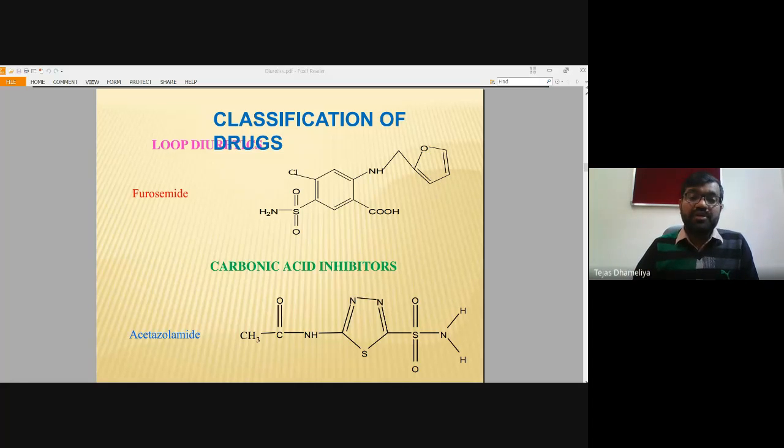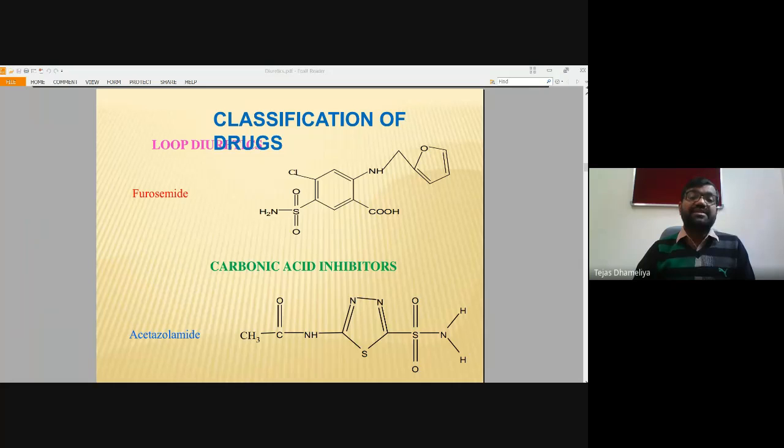Even for infants, the diuretic furosemide is given as one quarter of a pill, either in the early morning or once in a day. This is generally given not more than twice to infants, and for some other patients it may be given 2 to 3 times in a day. So these loop diuretics are the potent diuretics. On small doses of 10 milligram, 5 milligram, these compounds can cause excessive diuresis.